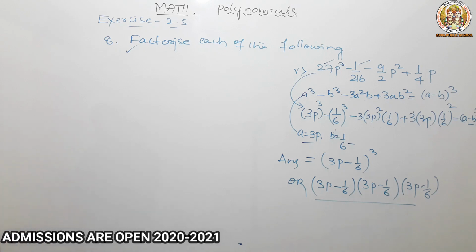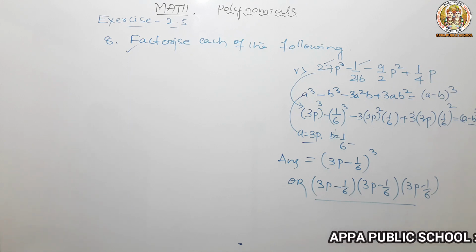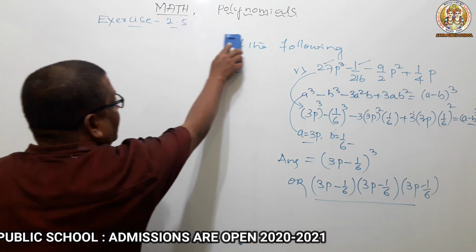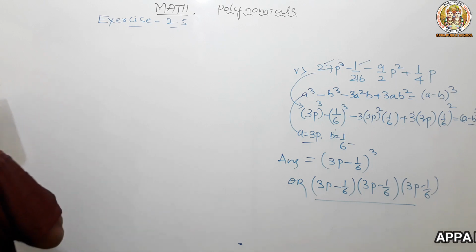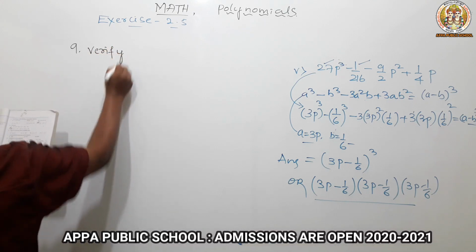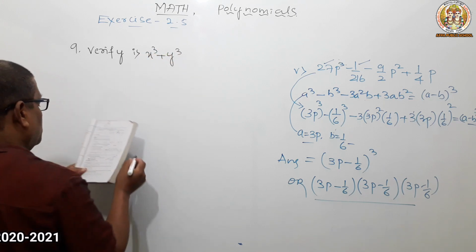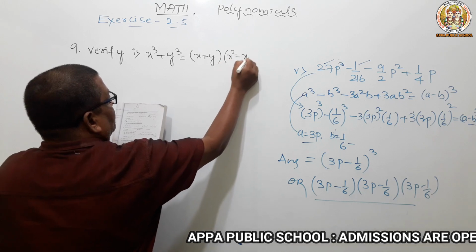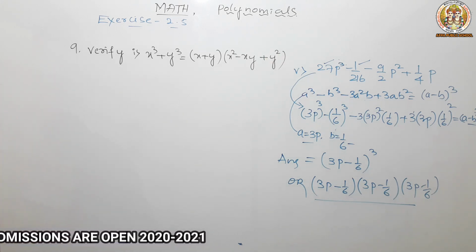Ninth question. Verify. First one: x cube plus y cube is equal to x plus y into x square minus xy plus y square.